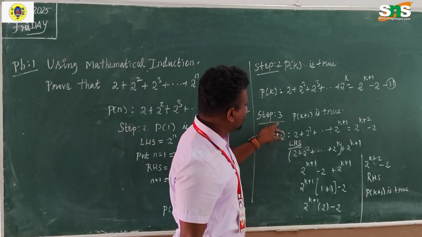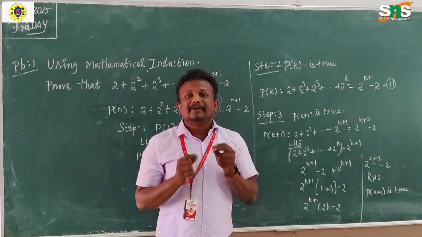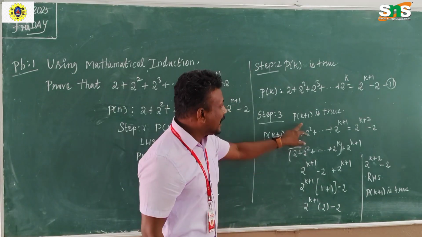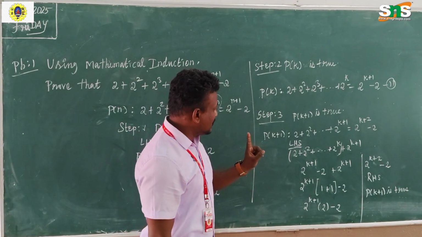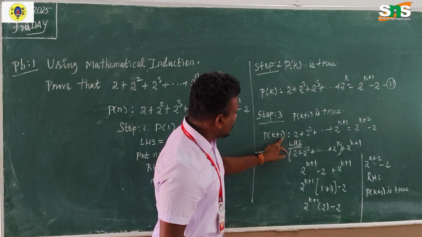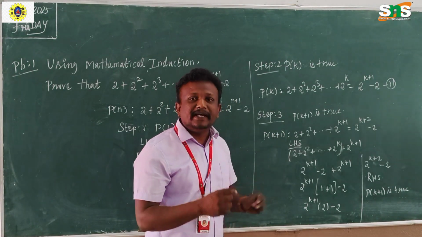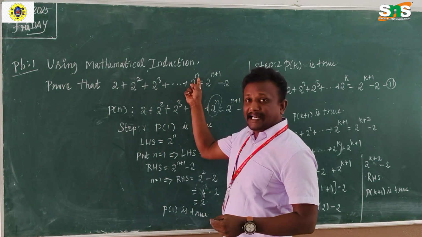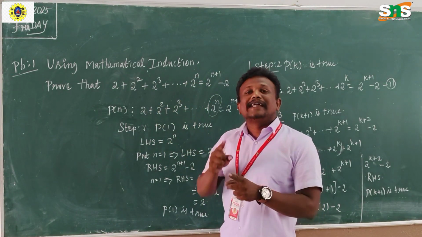Now let us come to step 3. In step 3, we want to show that the given proposition is true for k plus 1, right? For that, in the first step we need to write the given proposition in terms of k plus 1, which means wherever we have n, it has to be replaced by k plus 1.